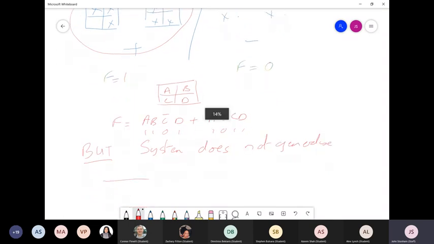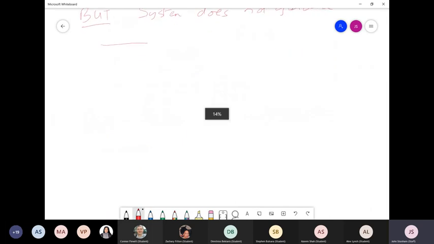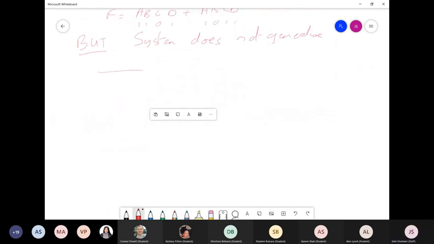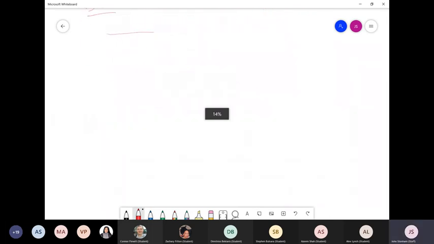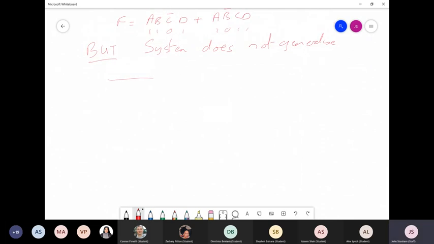Right, let's now go to a 3x3. Yes, a 3x3 structure. And I am going to take 3 logic functions. So these are going to be logic.